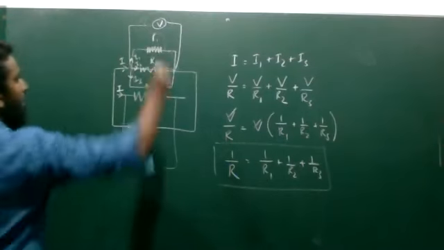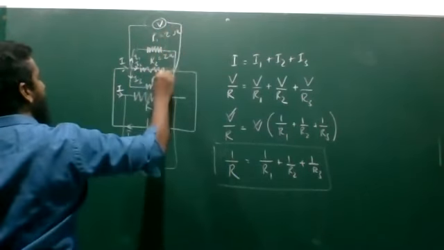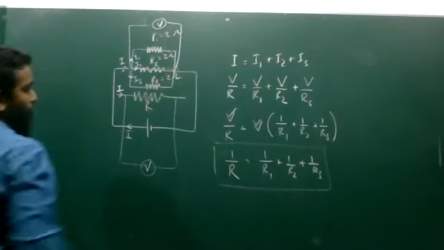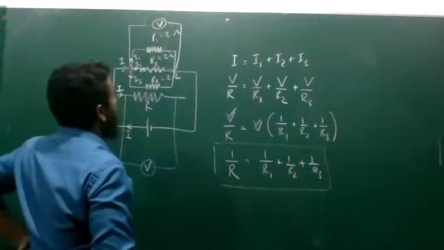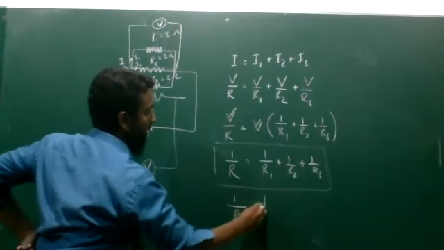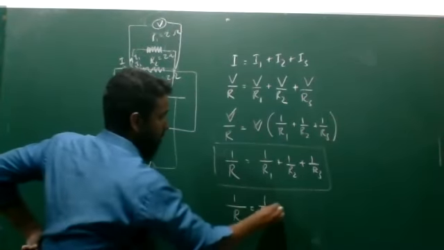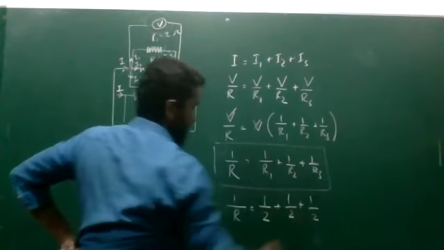For an example, if R1 is 2 ohm, R2 is 2 ohm, and R3 is also 2 ohm, then what is the equivalent resistance of these three resistors? Then 1 over R equals 1 over R1, it's 2, plus 1 over R2, it's 2, plus 1 over R3, it's 2.